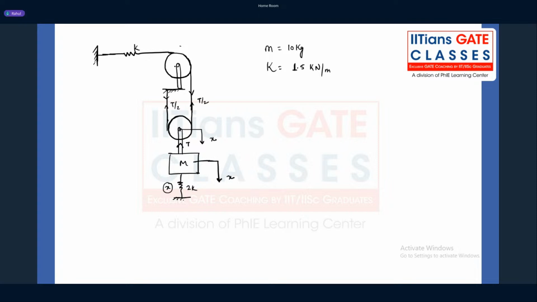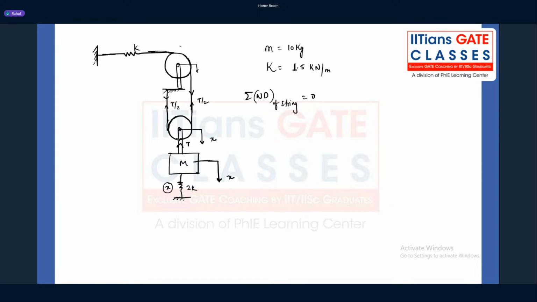And if you analyze how much the pulley and this spring are getting displaced, definitely the sum of the work done by a string is zero, because the work done by the string is almost zero. So here, let's say this pulley is getting displaced by the amount x. On this pulley, how much is the tension?